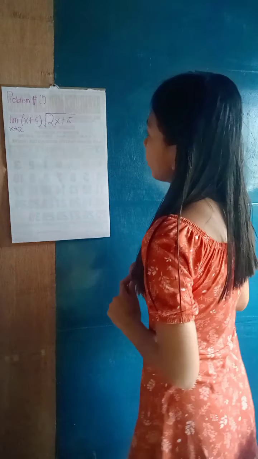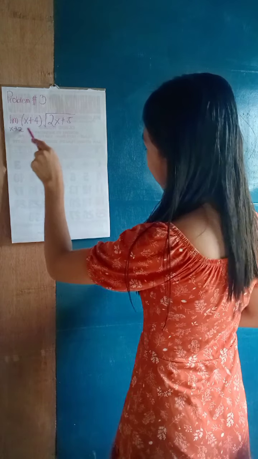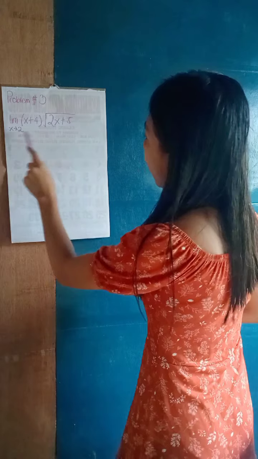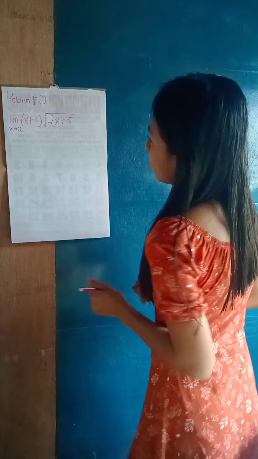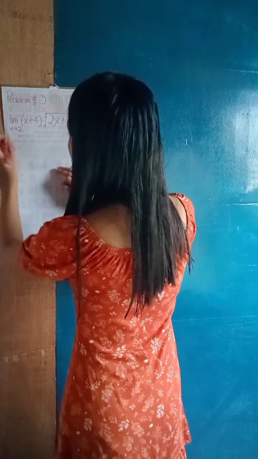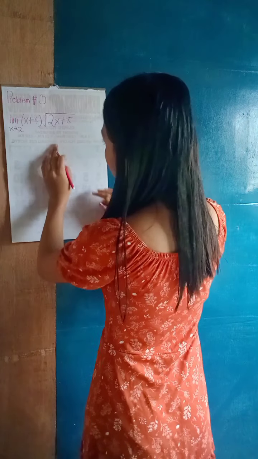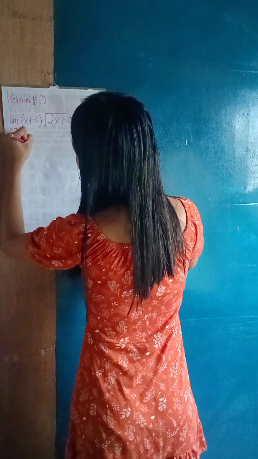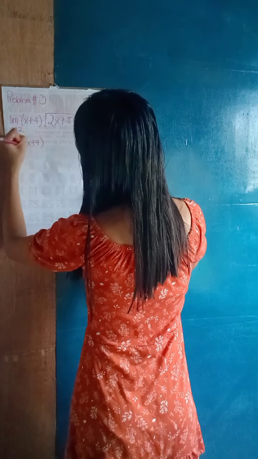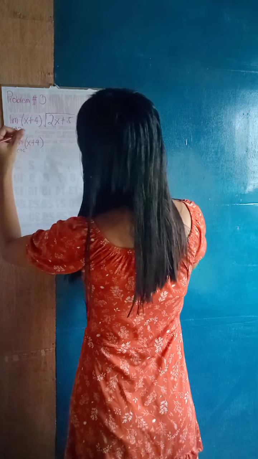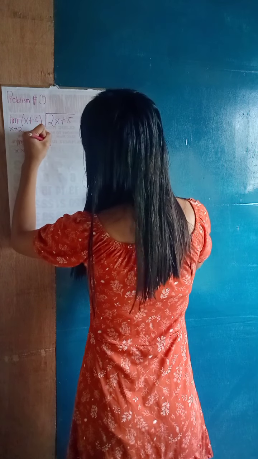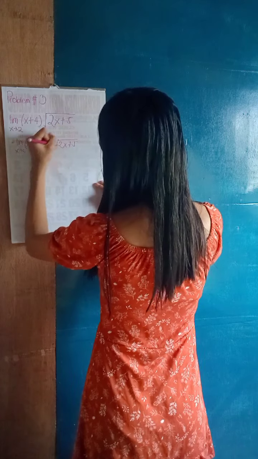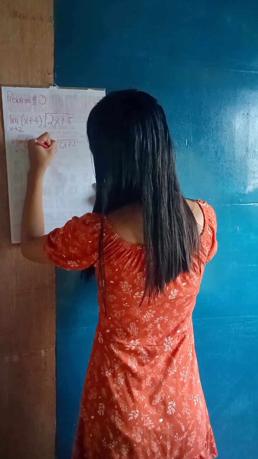Problem number 3. Limit quantity x plus 4 times square root of 2x plus 5 as x approaches 2. So here we are going to apply limit number 5 since this is multiplication. So this will become limit x plus 4 as x approaches 2 times limit square root of 2x plus 5 as x approaches 2.